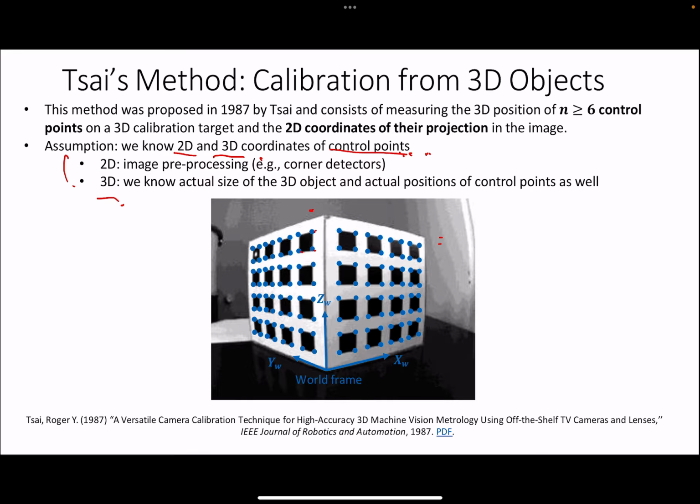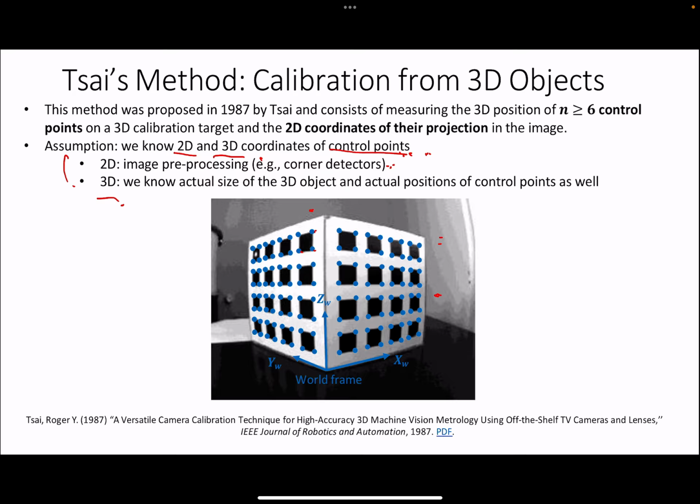So when we design this kind of actual 3D object, this 2D detection algorithm should work robustly, right? So we need to prepare this 3D object to have very simple patterns. I mean, if it has complicated patterns, image pre-processing algorithms could fail to detect corners. So we need to make a very easy, 2D image processing algorithm friendly 3D object.